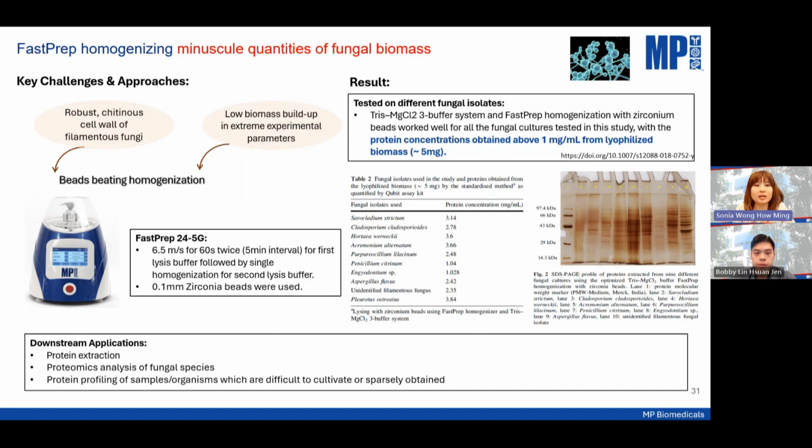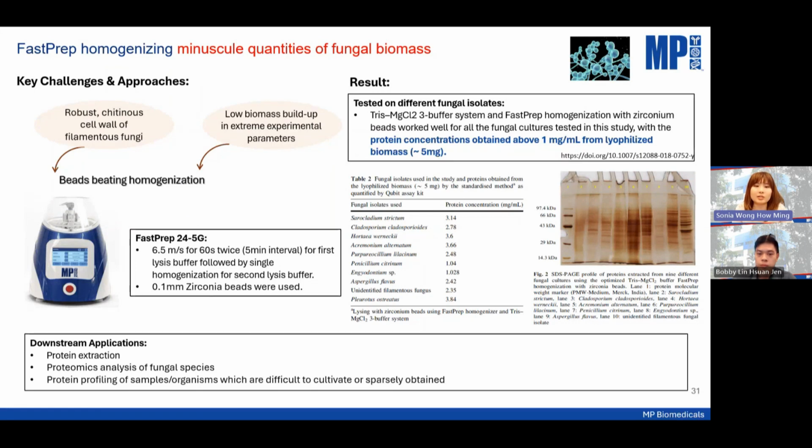Some of the key challenges would be the robust and chitinous cell wall of the filamentous fungi, which is an additional barrier to efficient homogenization before we can get our hands on the proteins. And especially in stringent or extreme experimental parameters, they have no choice but to work with low biomass fungal samples. This low biomass makes the whole homogenization even more tricky if they want to get a good amount of protein out of it.